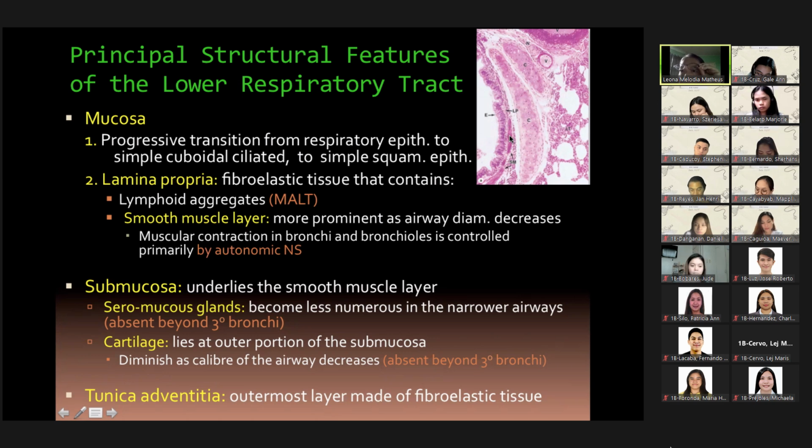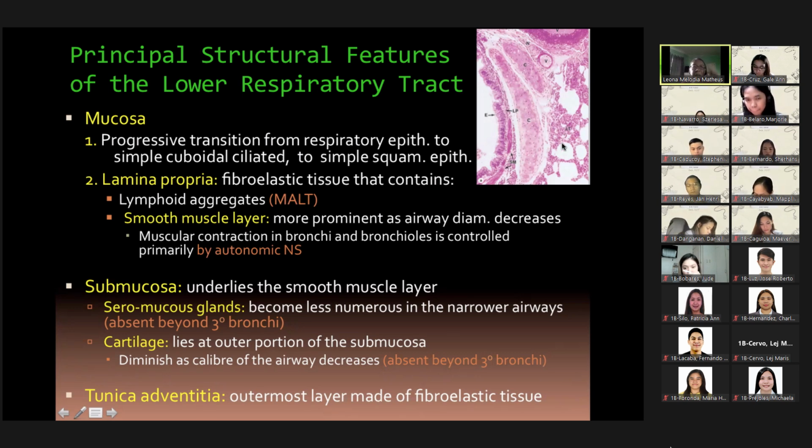Aside from that, you see here also the muscle. Just beyond the muscle is already the submucosa, where you may see, aside from your glands, your cartilage. The glands are not so prominent in this picture, but maybe these 2 here are some of them. The other thing you will see is your cartilage. Beyond the cartilage, you already have the tunica adventitia.